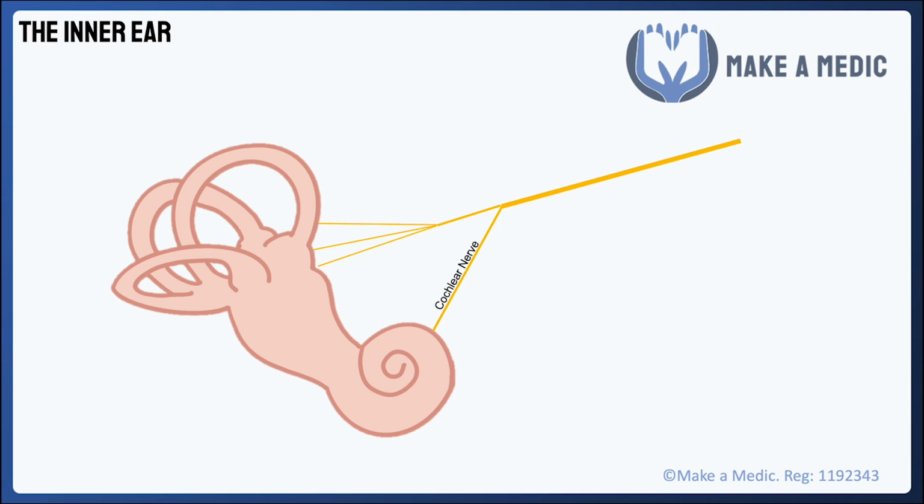The cochlear nerve transmits the hearing information from the cochlea, and the vestibular nerve transmits the balance information from the vestibular apparatus. These two nerves then converge to form the vestibulocochlear nerve, the 8th cranial nerve, which carries all of this information to the brain.